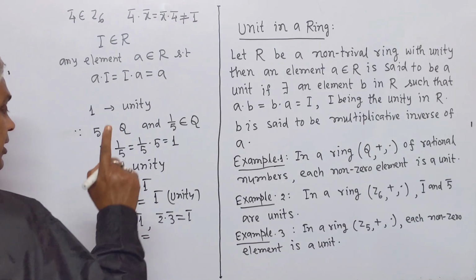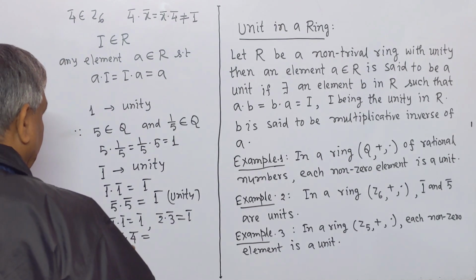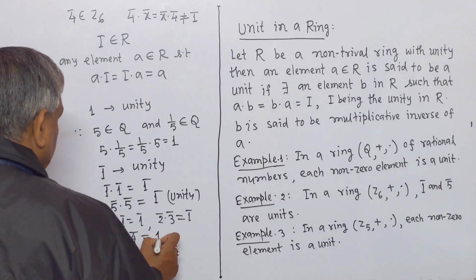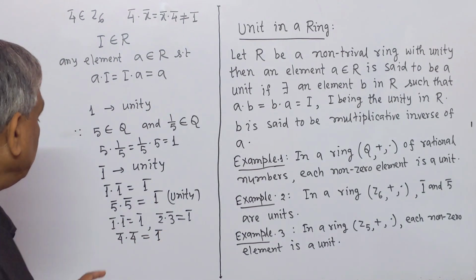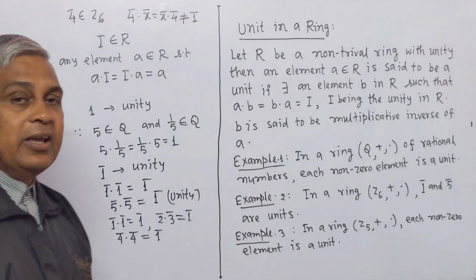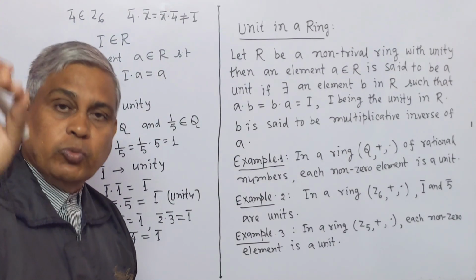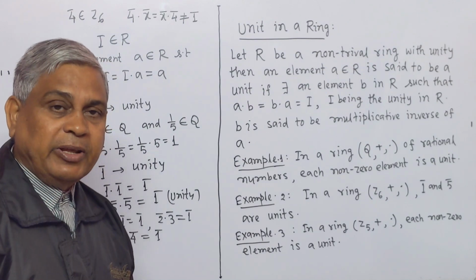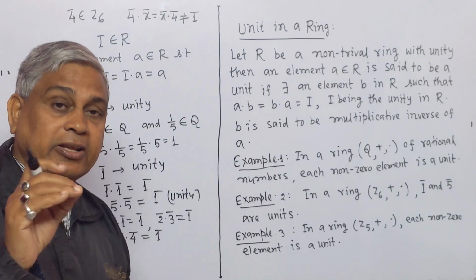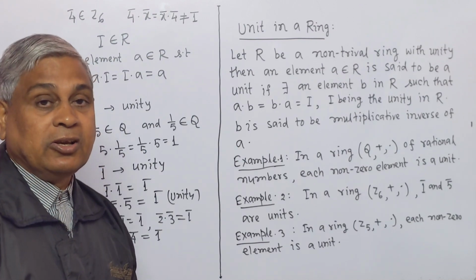If we divide 16 by 5, we get remainder 1. So this is 1 bar. So 1 bar, 2 bar, 3 bar, 4 bar, each element is a unit. That means each non-zero element has multiplicative inverse.